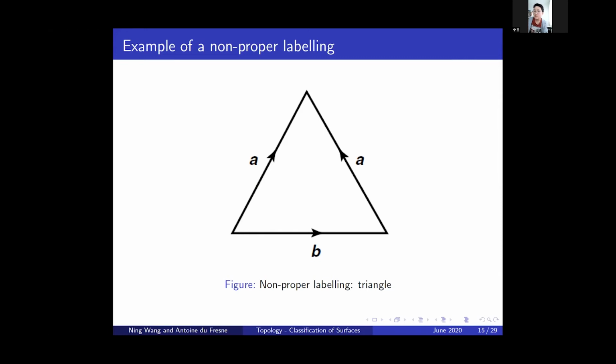So they can't be labeled with a label for two edges. And if we paste the edges with the label A together, and the B, then for the A, B will be a loose edge. And that is why the resulting quotient space isn't locally homeomorphic to R2.